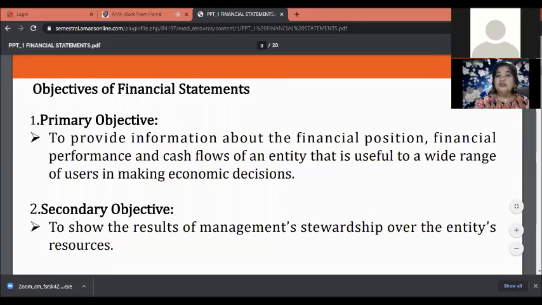We need to provide information about the financial position, financial performance, and cash flows of an entity that is useful to a wide range of users in making economic decisions. And this is what I was saying a while ago.